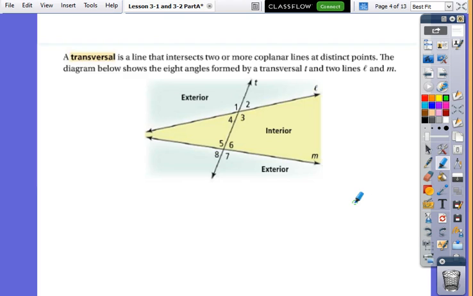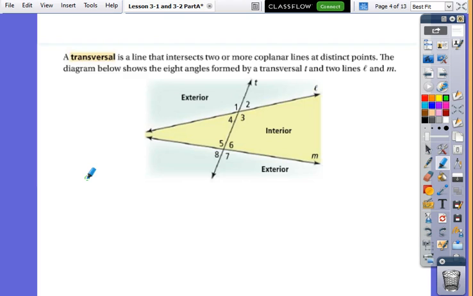Now, if you'll notice in this picture, you can identify which one is the transversal. It's the one that crossed the other 2 lines and was instrumental in forming the 8 angles. I know that eventually these lines will cross. Later on, we're really going to be dealing with just parallel lines cut by a transversal. So you can have the lines not parallel, but you can still identify the transversal based on how the angles are written.